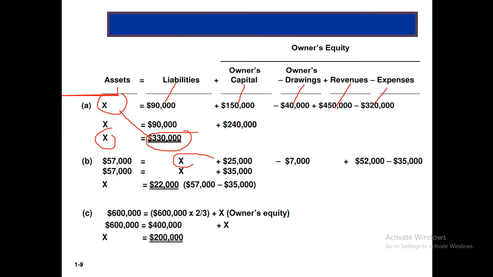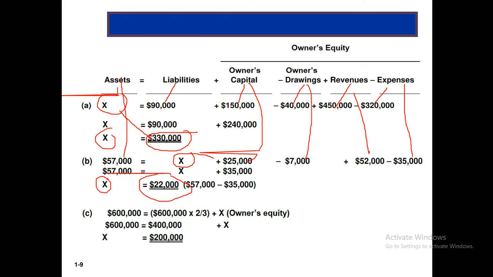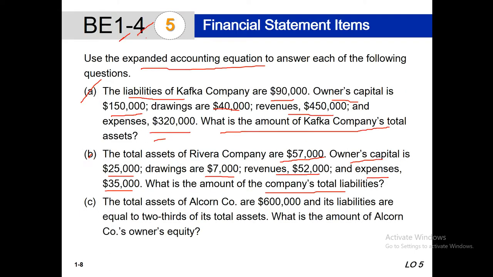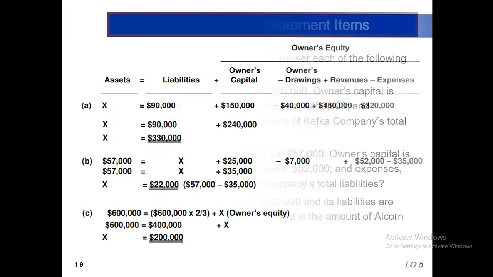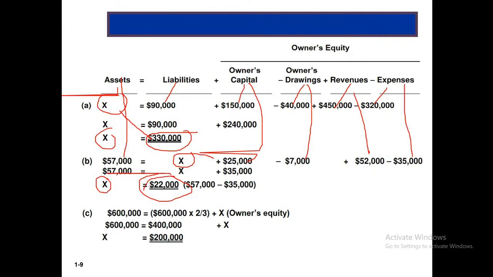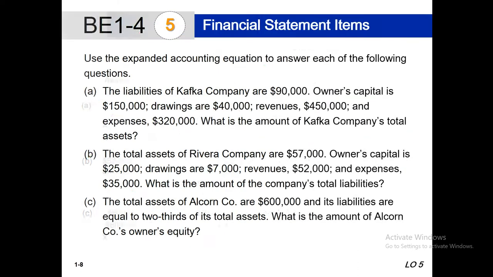We need to calculate the liabilities. This is our asset according to the question, this is our owner's capital, this is owner's drawings, this is revenues, and this is expenses. After calculation, we get the value of X equal to 22,000. I think everybody is clear here. So the company's total liabilities will be 22,000.